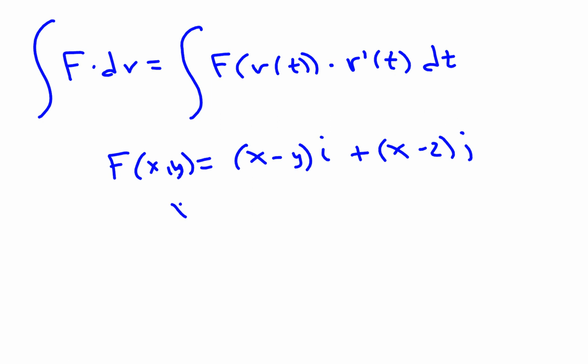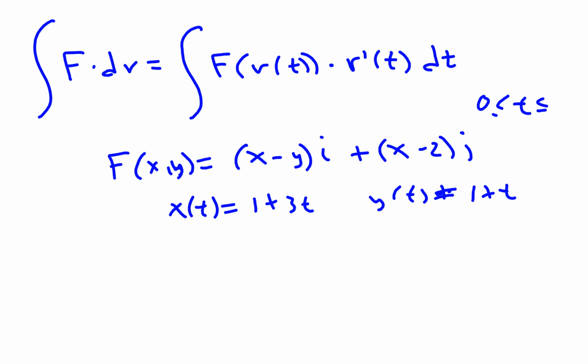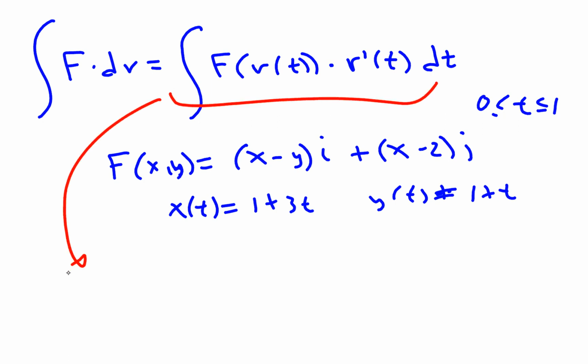And our parameterization is just x(t) equals 1 plus 3t and y(t) equals 1 plus t. The domain for t is greater than or equal to 0 and less than or equal to 1. So let's use this and go to work.